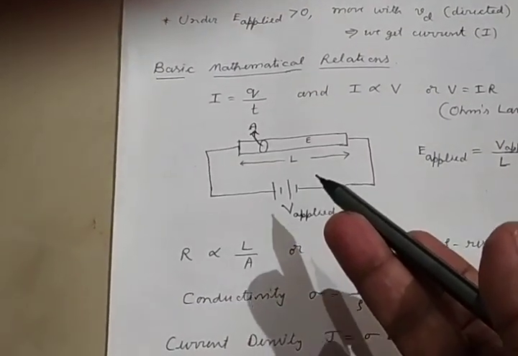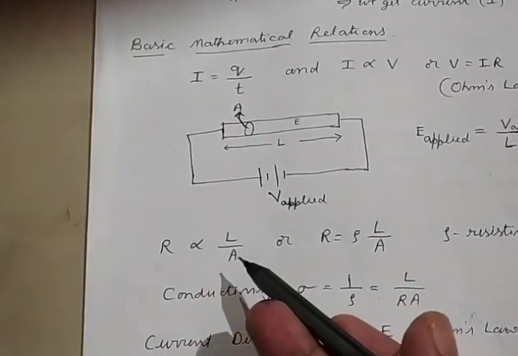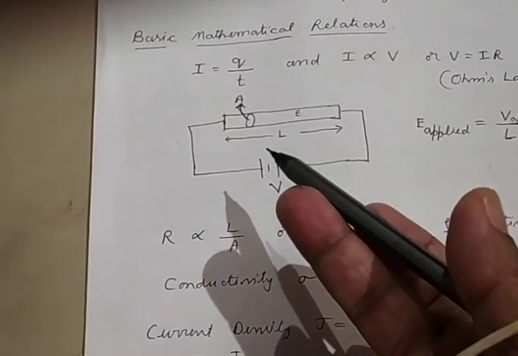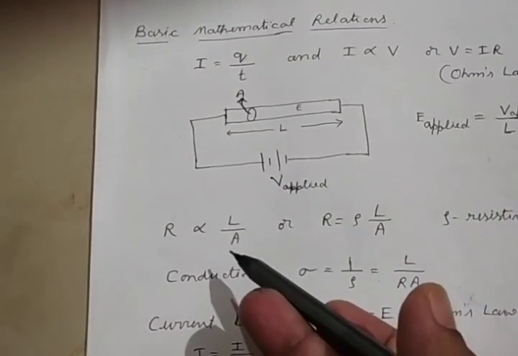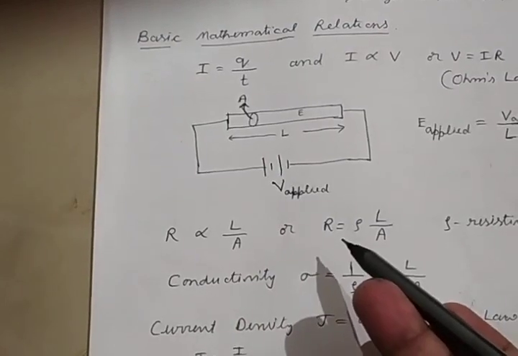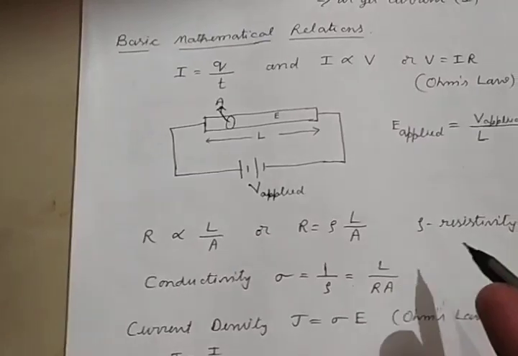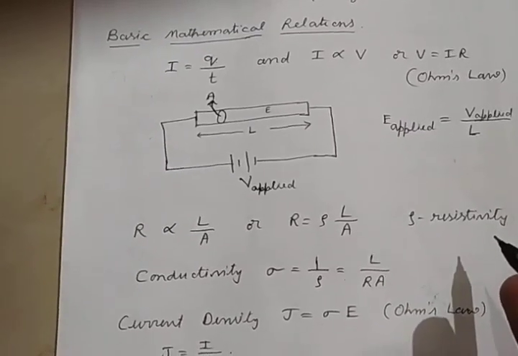The more the length of the wire, the more the resistance. Also we see that the resistance is inversely proportional to the area of cross section of the wire. Therefore we say R is proportional to L by A, or R equals a constant rho into L by A. This constant rho is nothing but the resistivity of the wire.